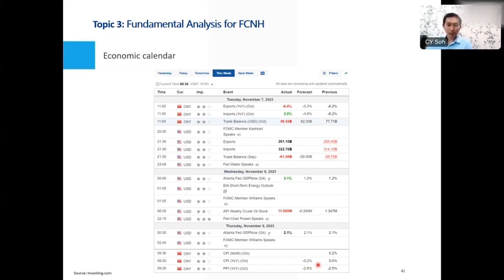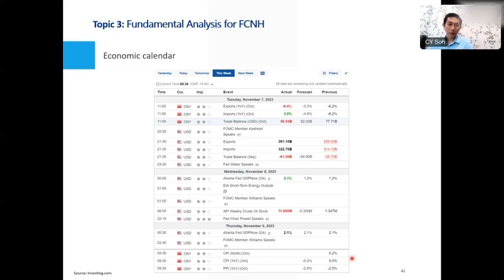If you are bullish on a particular currency, for example, if you are bullish on the US dollar, it means your FCNH is going to go up, and you can take a long position to take advantage of it. If you perceive the news as bearish, you can take a short position in FCNH.